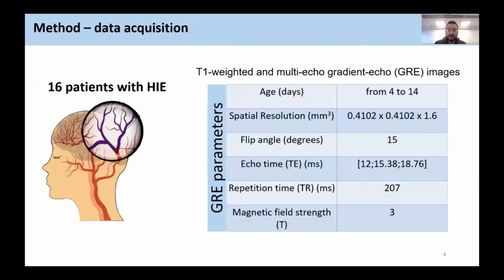In order to do this, we acquired T1 weighted and multi-echo gradient echo data using a 3 Tesla MRI scanner from 16 patients aged between 4 and 14 days who were diagnosed with HIE and underwent hypothermia, and we used these parameters as shown here in the table.